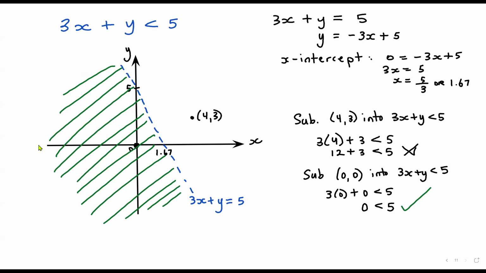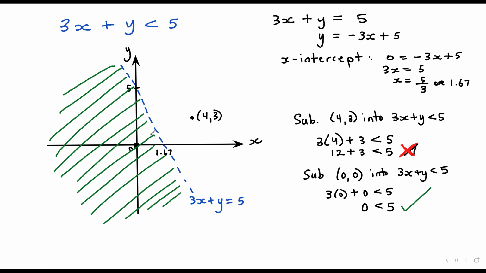So for this one, I took a point to the right of it, the point 4, 3, and I substituted it into the inequality to see if the left-hand side is less than the right-hand side. And it did not work out that way because the left-hand side ended up being 15, and 15 is not less than 5. So that means this point is not in the region that satisfies the inequality.